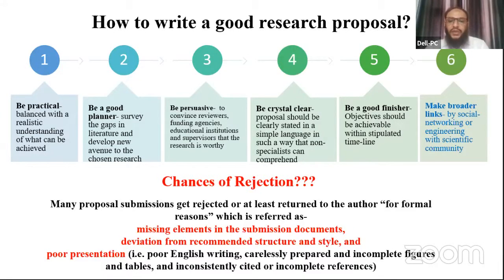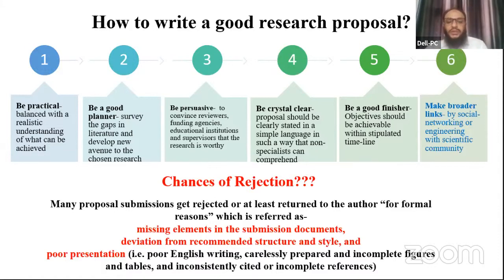Then deviation from the recommended structure and style. It means if you have written a proposal which is not in the proper format as suggested by the funding agency, then this deviation may also lose your chance to get the proposal funded. And the third one, and most important, is poor presentation of your proposal.